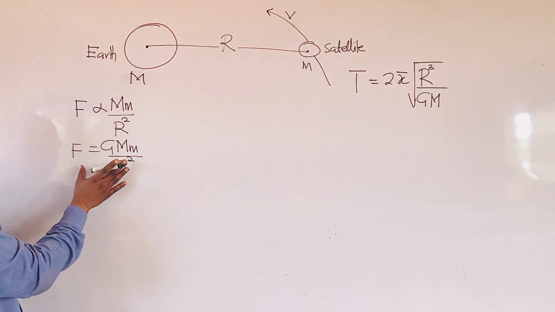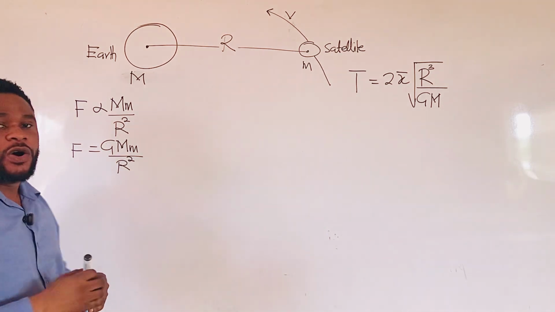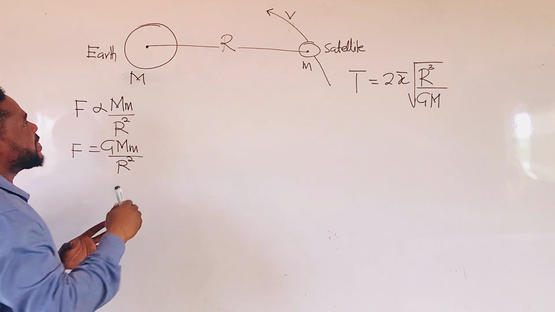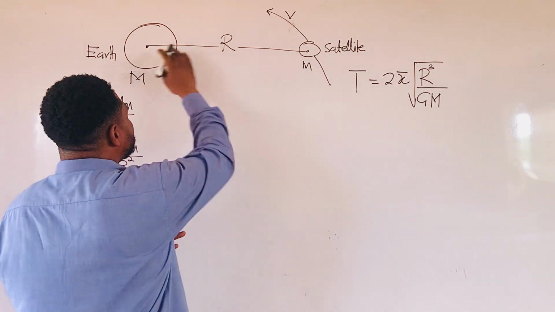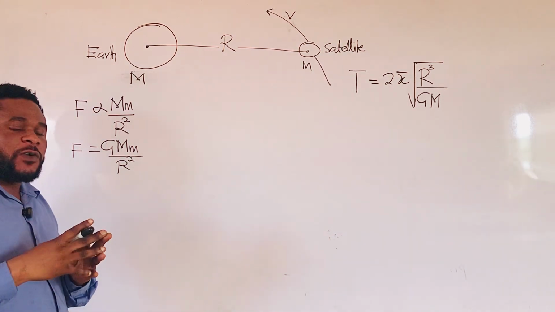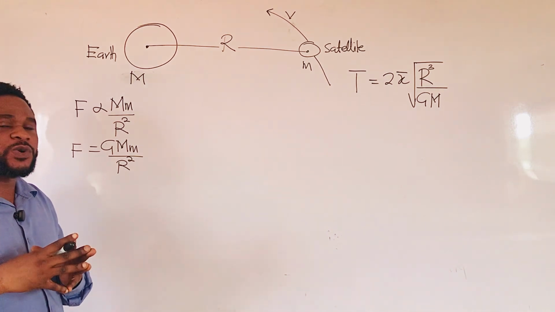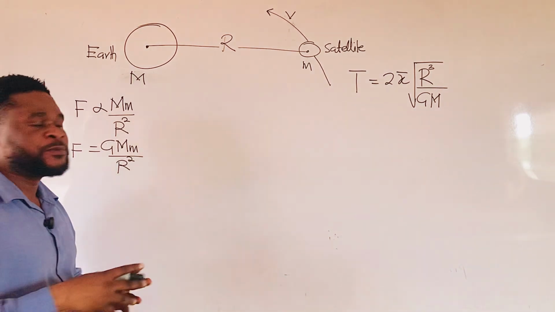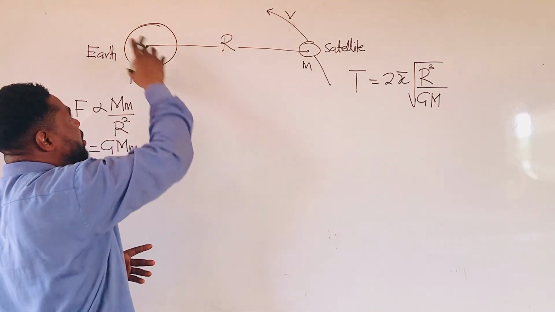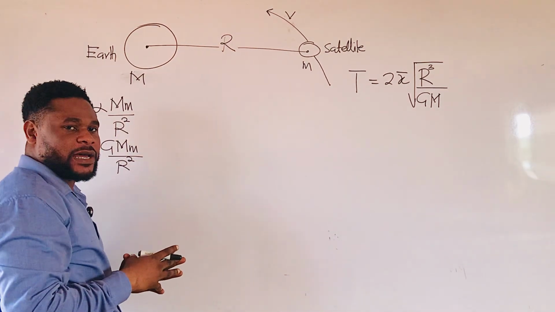And this is the formula for Newton's law of universal gravitation, the force of attraction existing between these two bodies. Now, this force of attraction provides what we call centripetal force, which keeps this satellite in motion around the earth.